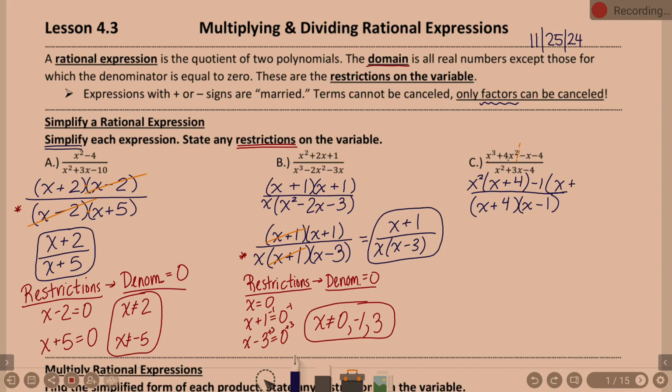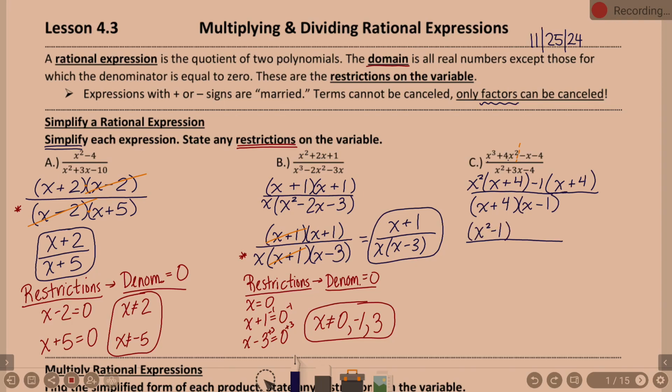Okay. Now, let's write this out in our next step and see where we're at. On top, guys, you remember how this works? 2 parentheses. One of my parentheses are the GCFs. What were my GCFs? X squared minus 1.